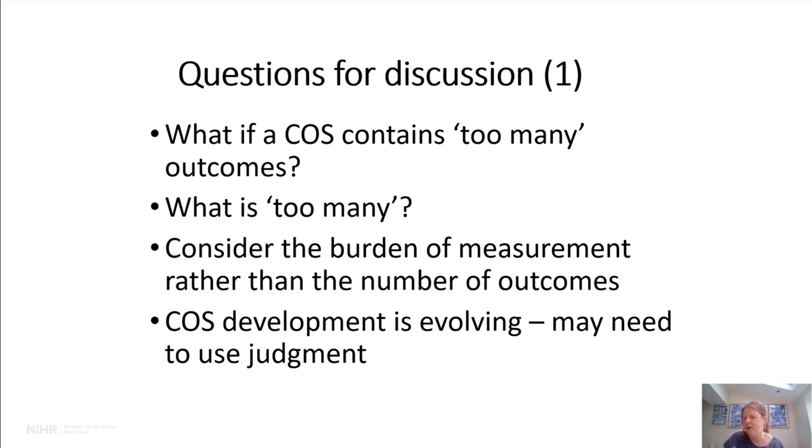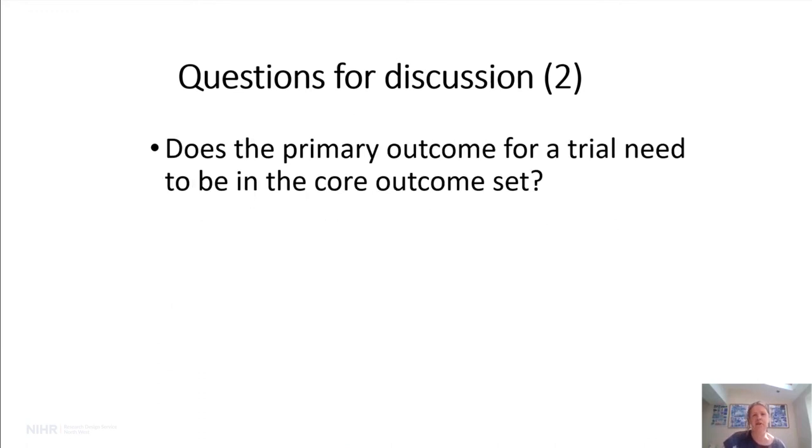And some are adding in, after the Delphi process, a ranking round. The Delphi process tells you generally what people are saying, but if you've got 15 outcomes coming out, that's probably too many. You need to look at the burden of measurement, but it probably is too many, and people then take participants through a ranking round trying to get at something that looks more feasible. So as I said, the development process is evolving.